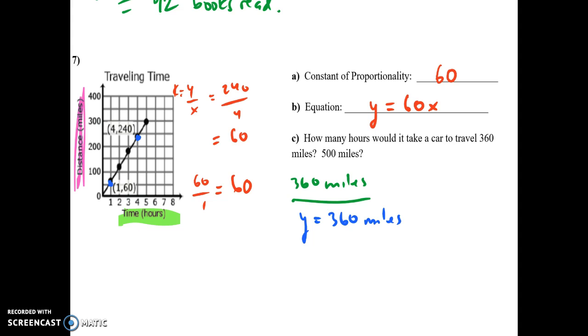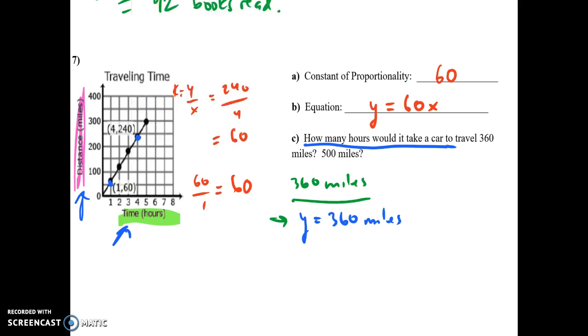Right? And if we look back at the question, it says, how many hours would it take a car to travel 360 miles? So if we think of this mathematically, we're really asking, what is our x, hours, when our y, miles, is 360, right? So that means y equals 360, give me my x.